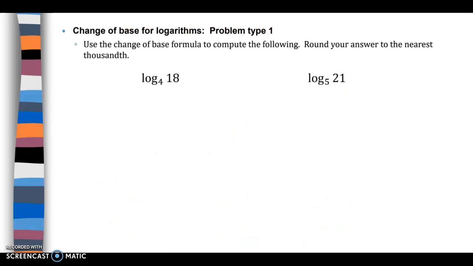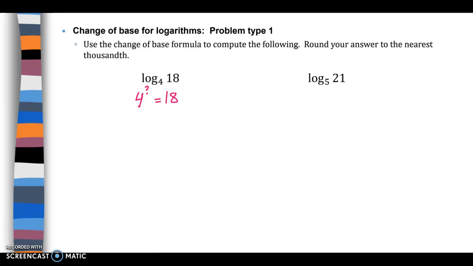For this first example, we have log base 4 of 18, and we're trying to figure out what that equals. So what we're saying is 4 raised to what power is going to equal 18. That's a hint on how you're going to check it, okay?